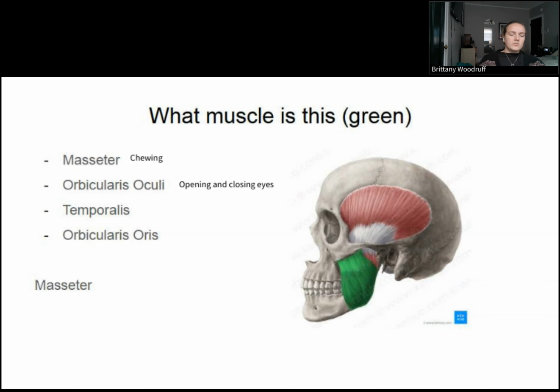Okay. Your temporalis muscle, you can actually see it on this slide. Temporalis muscle is up here. It's going to wrap down to the inner part of your jaw. It's going to open and close the jaw. Your orbicularis oris is going to be found around your mouth. Okay. It's going to be responsible for puckering your lips.